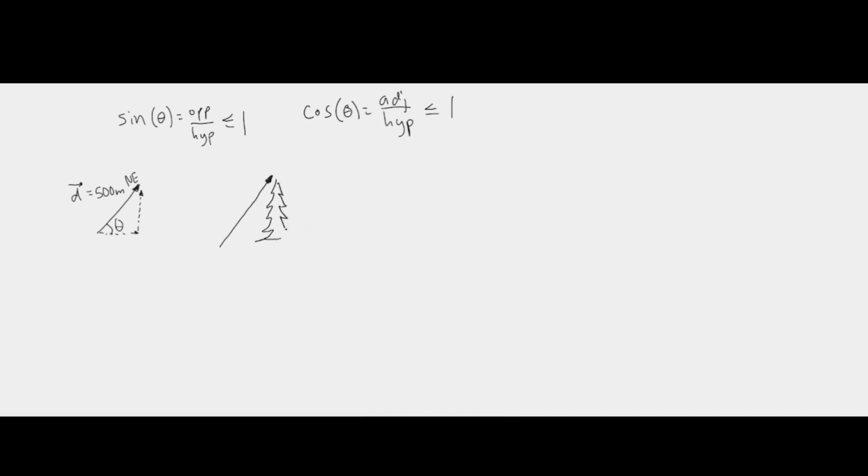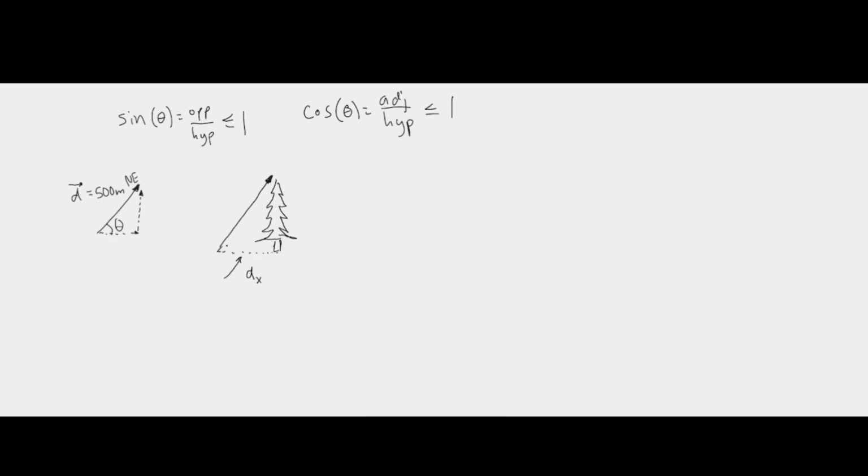So if this is a tree, obviously if you're standing on the ground, you could measure the distance to walk towards the tree. So you could measure this horizontal distance, right? This distance right here. We'll call this d sub x because you would just take a measuring tape or some other measuring device and walk to the bottom of the tree.